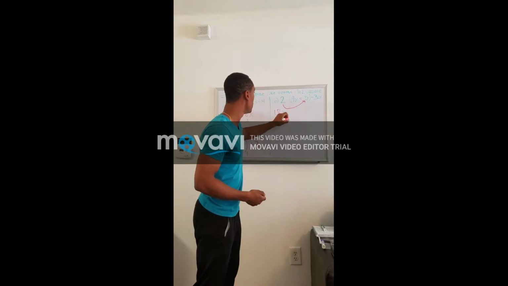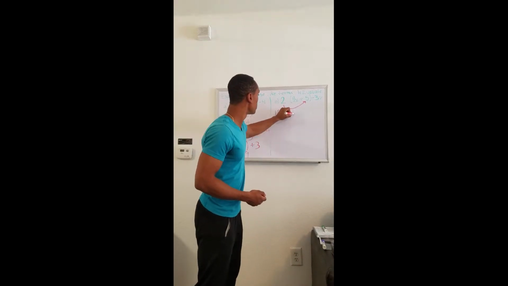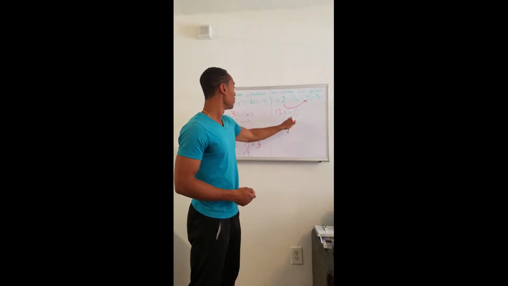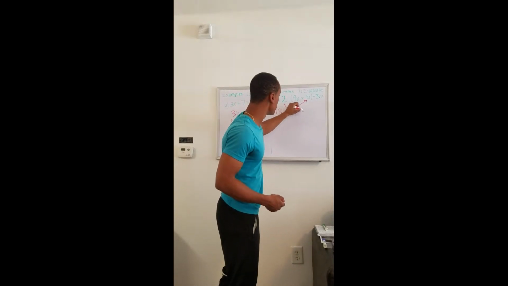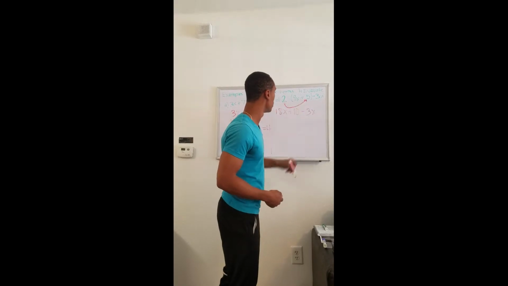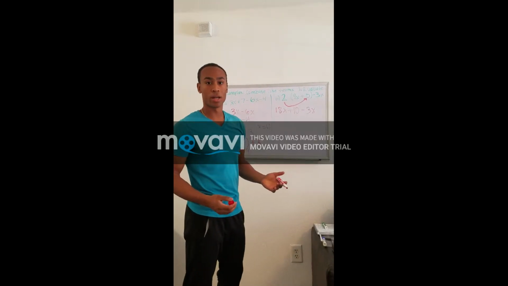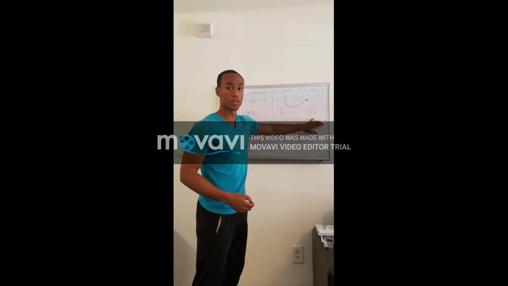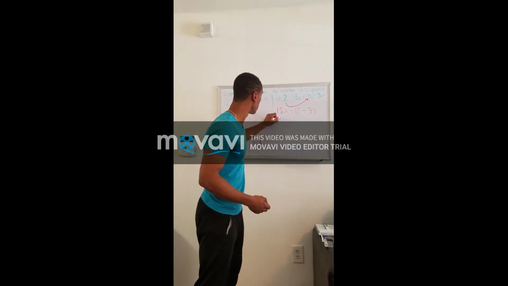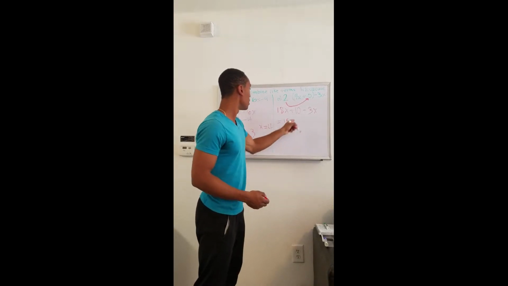So we got 18x plus 10. Now, on the outside we have a minus 3x, so we're going to keep that. Minus 3x. Now we can go back to combining like terms. 18x minus 3x is 15x, plus 10.